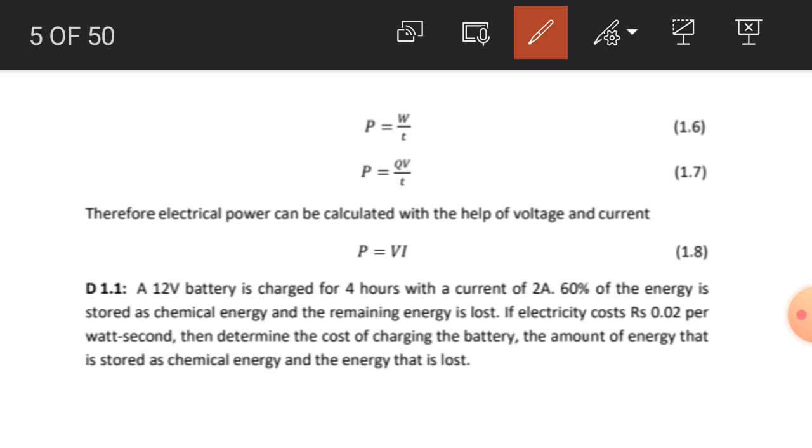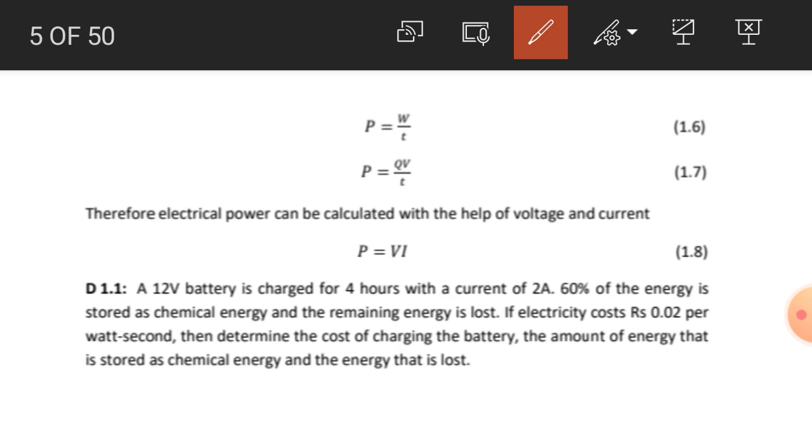So this is example number 1.1, which is from my personal book. Example number 1.1 states that a 12-volt battery is charged for 4 hours with a current of 2 ampere. 60% of the energy is stored as chemical energy, and the remaining energy is lost. So we shall calculate the total electrical energy.